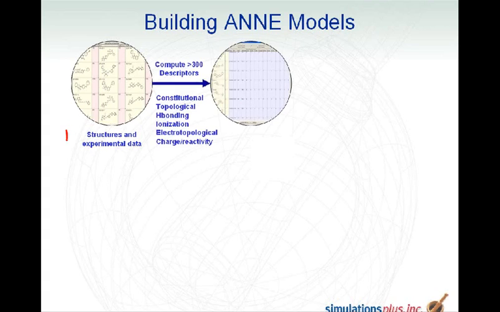The next step is to compute descriptors for the compounds in your data set. We include over 300 descriptors in ADMET Predictor, and they're available for model building. I just want to emphasize the charge and reactivity descriptors.